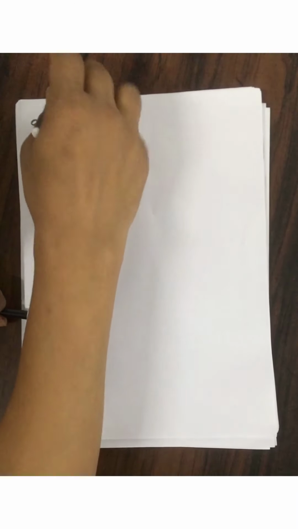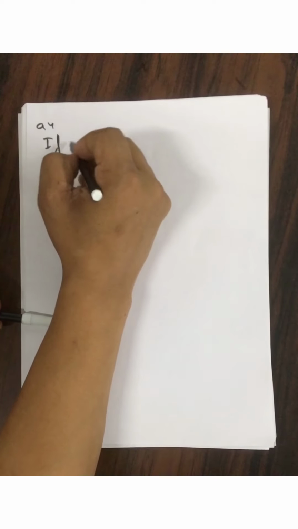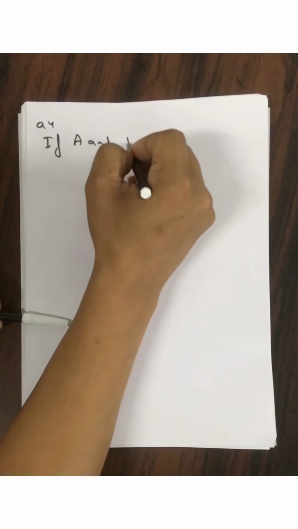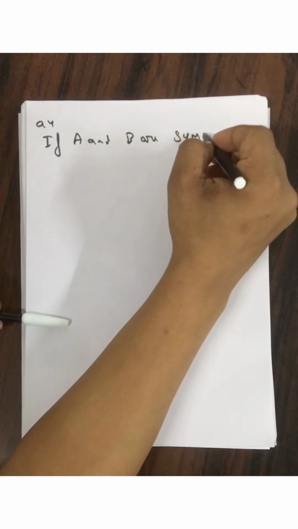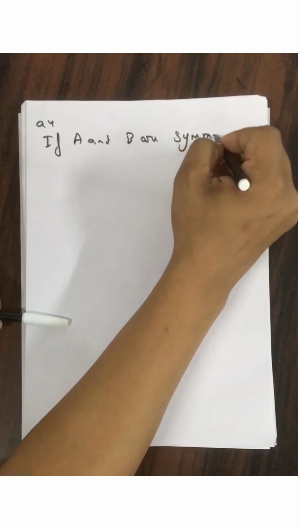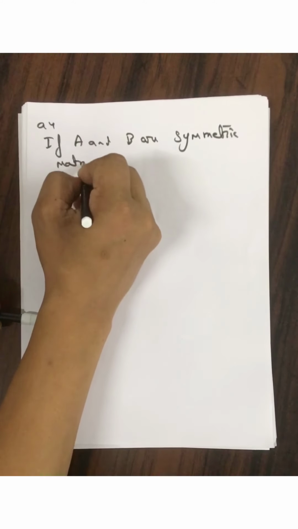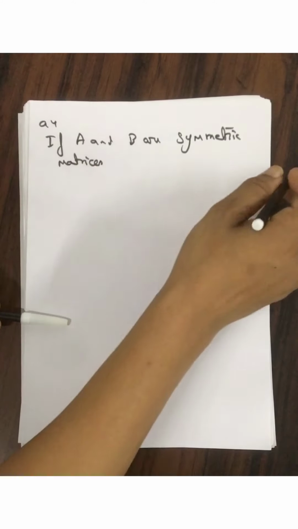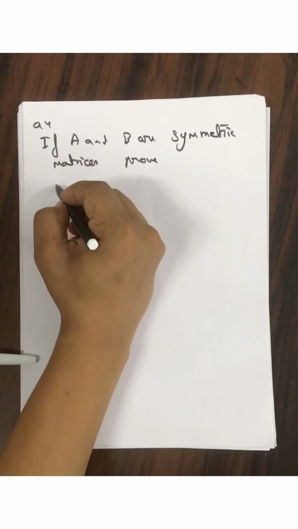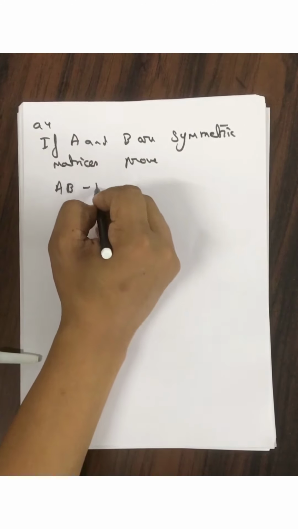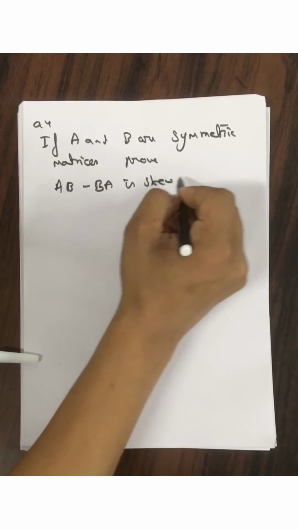Question number 4 says that, now it's a theoretical question, if A and B are symmetric matrices, prove that AB minus BA is skew symmetric.